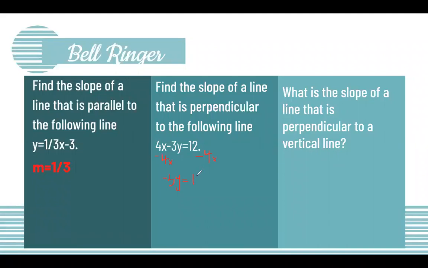And then we can divide by negative 3. Forgot the negative 4x. So that will give us y equals 4/3 x minus 4.